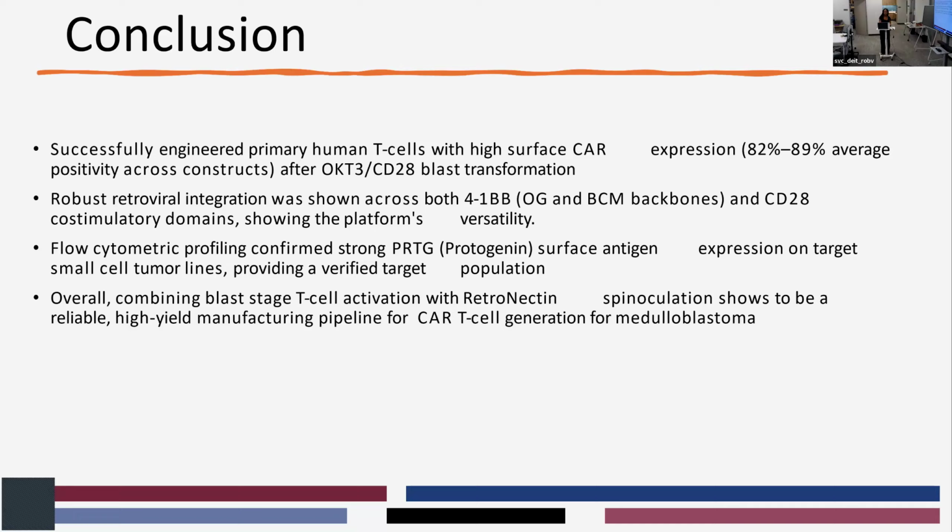And our long-term goal is to establish a solid foundation for upcoming in vitro cytotoxicity, because whenever it comes to the CD28 cell line, it tends to be a more intense, short-lived attack on the tumor line, as opposed to the 4-1BB, whose main objective is to be persistent.